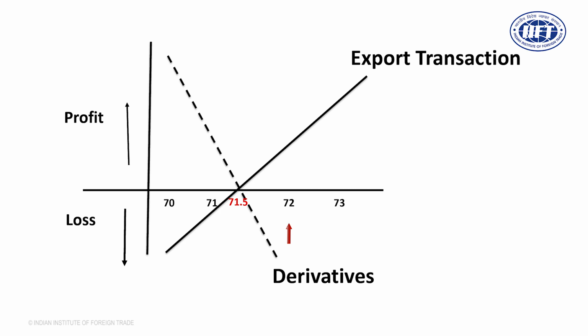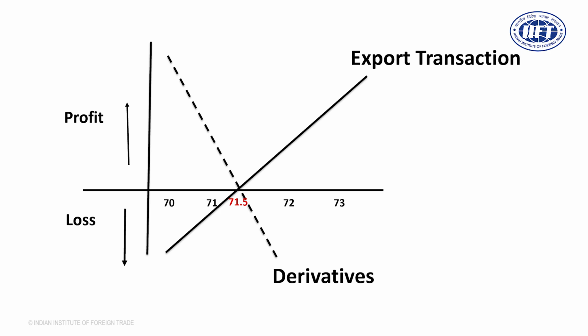If the exchange rate goes to 72 rupees, 73 rupees, 74 rupees when your payment in dollars comes, you get extra profit. But if today the rate is 71.50 and when your payment comes, the exchange rate moves to 70 rupees, then you will have a loss on your export transaction.